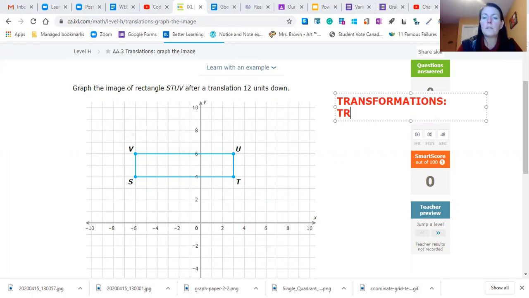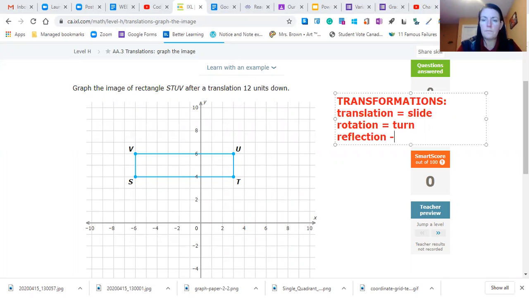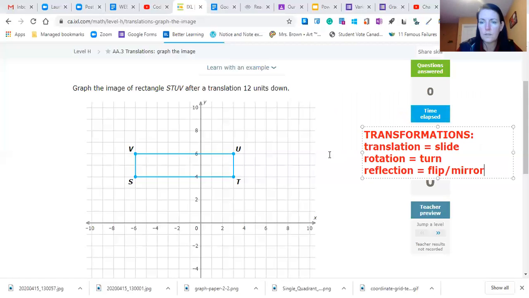We have got translation, and that is a slide. We have got rotation, and that is a turn. And then we've got reflection, and that is a flip or a mirror image, right? All right, so let's keep those close by for us to just keep looking at.